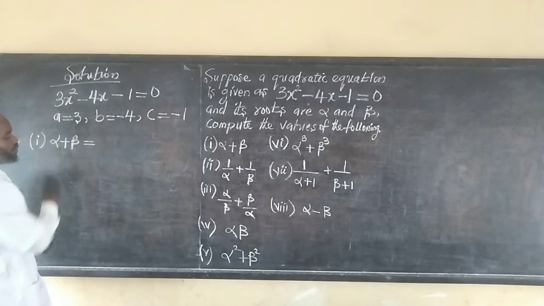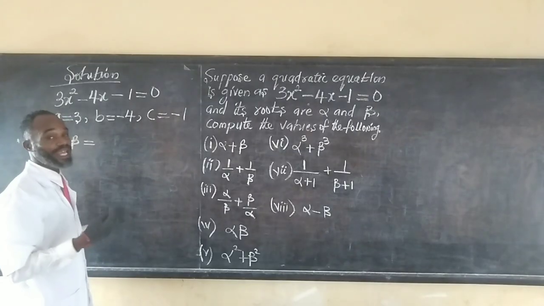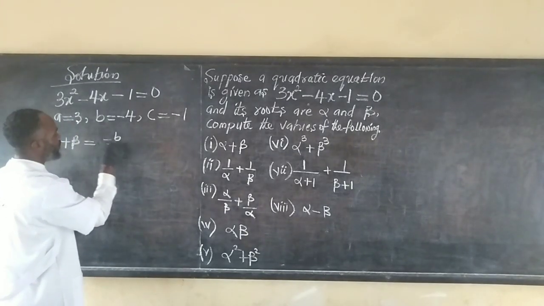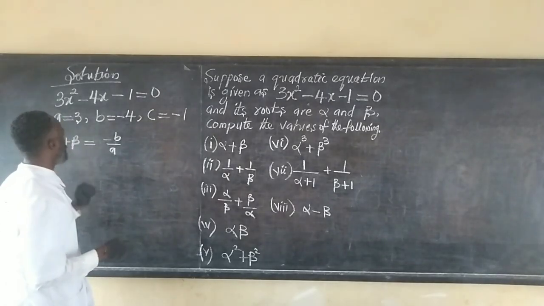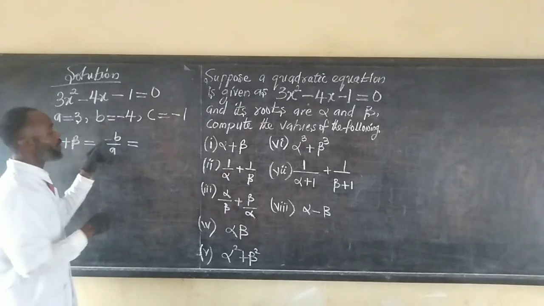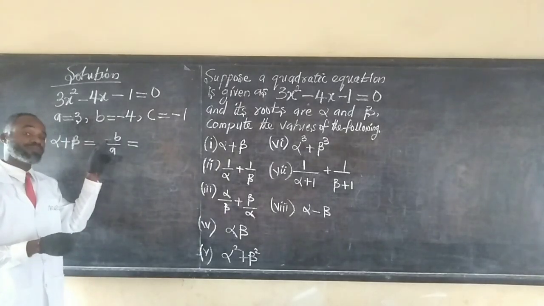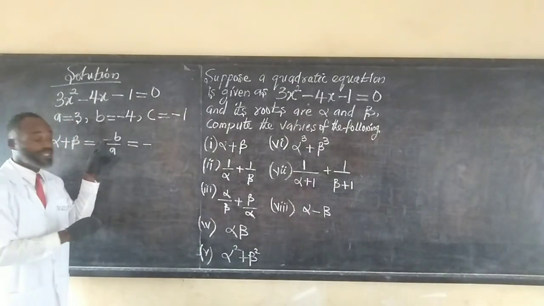You should know that alpha plus beta, according to what we learned in our last class, is given as minus b all over a, right? So if we have this, what do we do? We substitute. We already know that b is minus 4. Already the formula has minus. So we begin with minus.